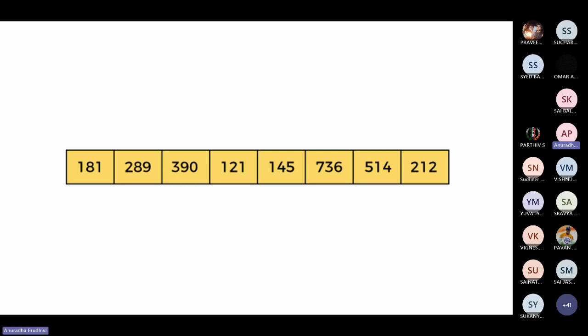So next we have to consider queues 0, 1, 2, and so on. Like that you have to take 10 buckets, 10 queues.